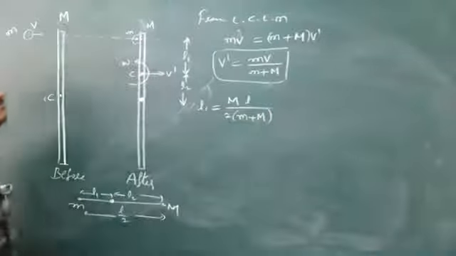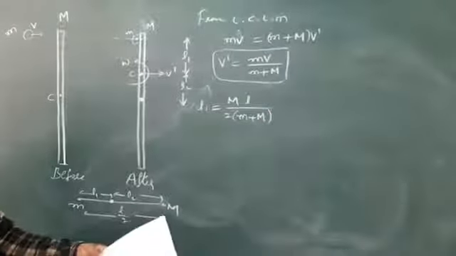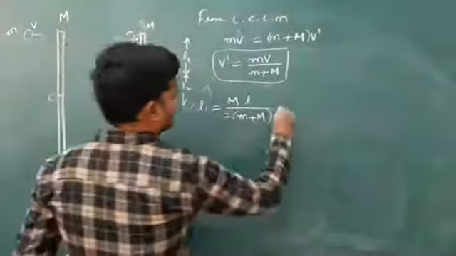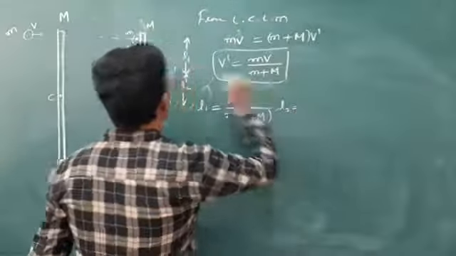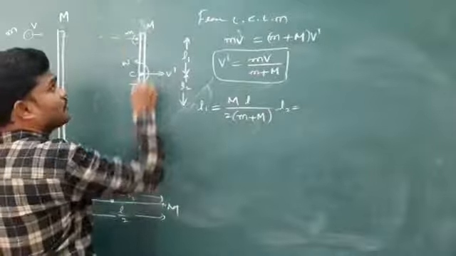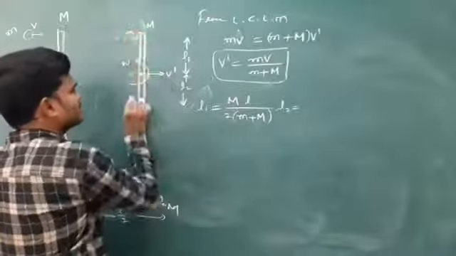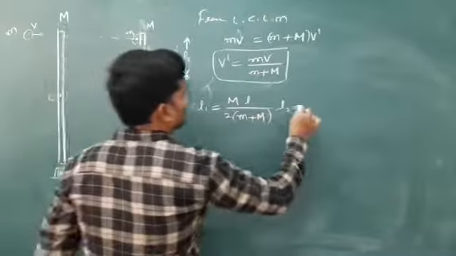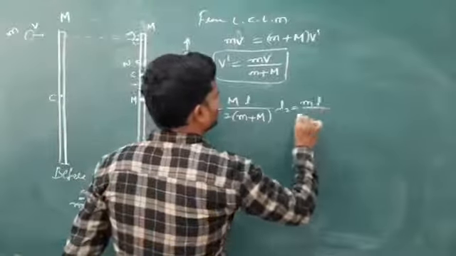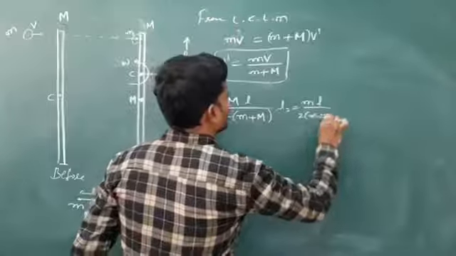So this is L1. And L2 is, from here, opposite mass is the particle of mass m, the total mass concentrated here. So m L by 2 by small m plus capital M.